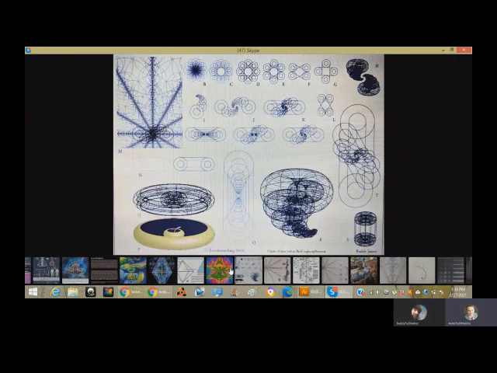They say nothing can travel faster than light, but energy and information and everything travels faster than light.